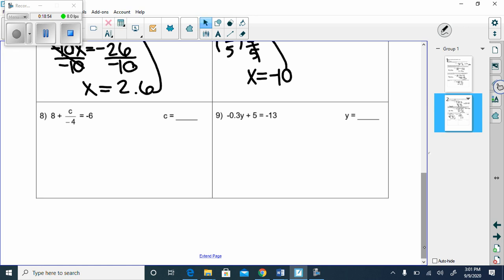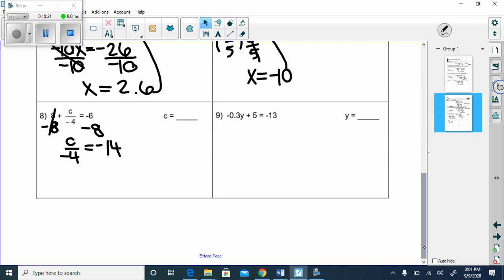What do I need to do first to get the c by itself? Add it. Subtract it. It's already positive, so remember we always do the opposite. So that goes away. And what is negative 6 minus 8? Negative 14. Good. All right.